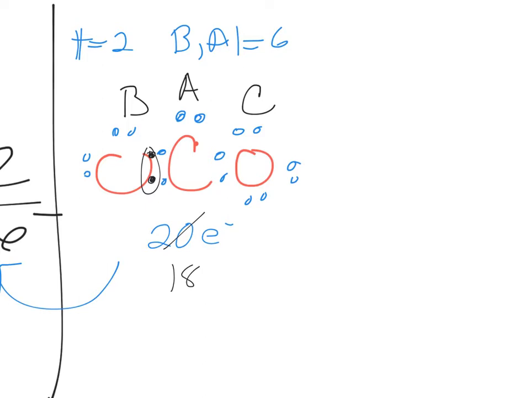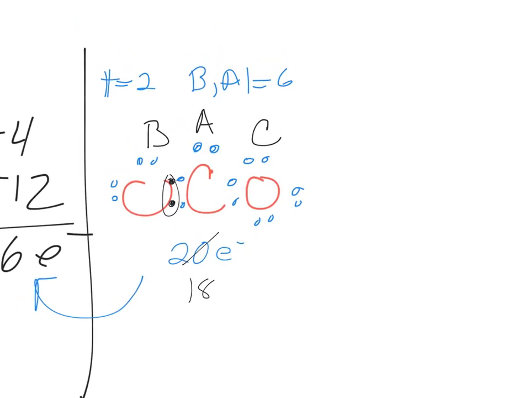But what I'm going to do for symmetry is I'm going to do the same thing but on the other side. Again, the technique is insert 2 and then remove 4.